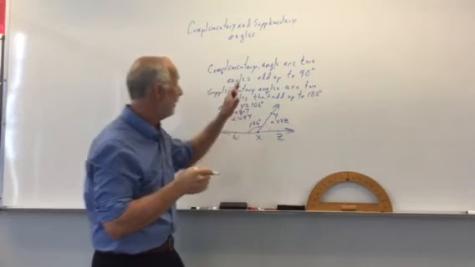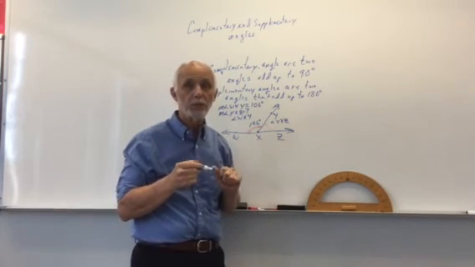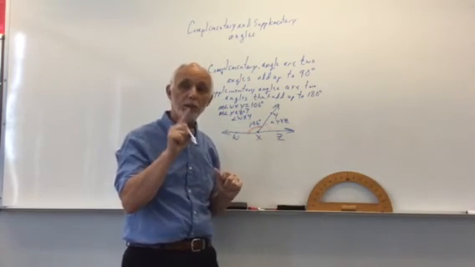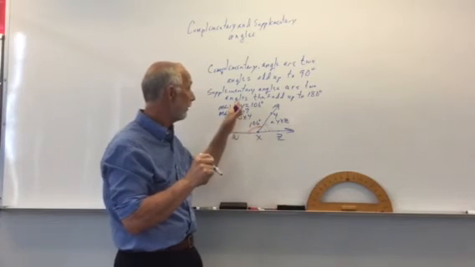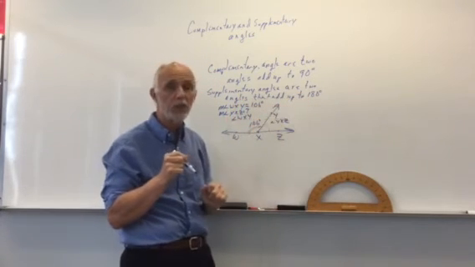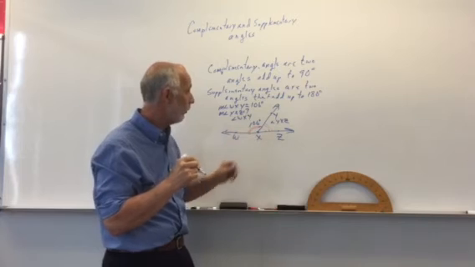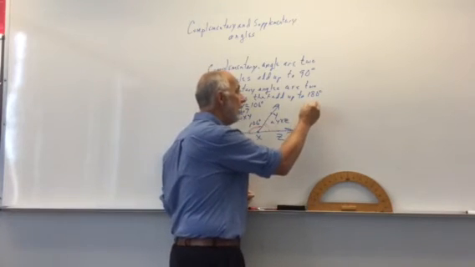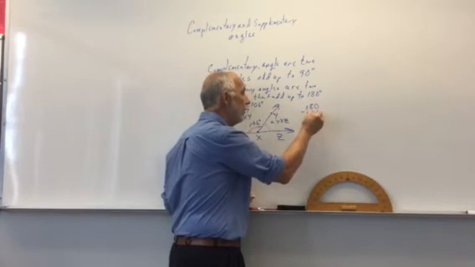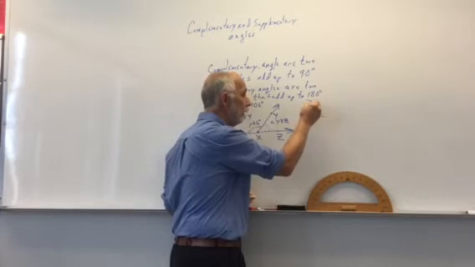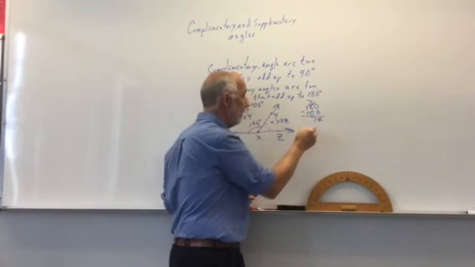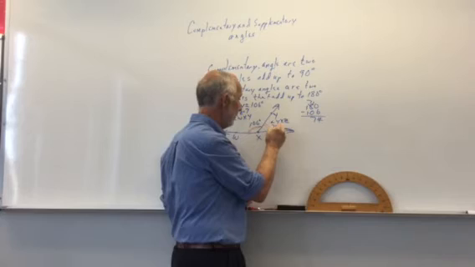You should know that now. It's the same thing I did with complementary angles. Subtract from the total. But don't subtract from 90, because supplementary angles don't add up to 90, they add up to 180. So subtract the one you know from 180, and that'll tell you the one you don't know. If you borrow, you get 74 degrees.